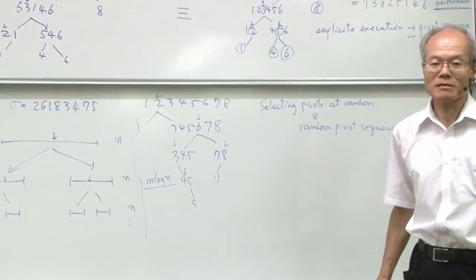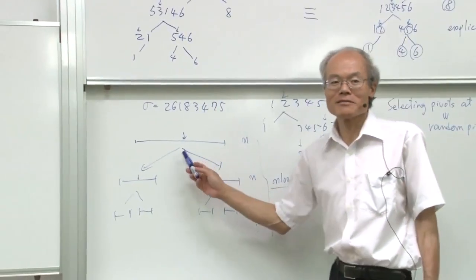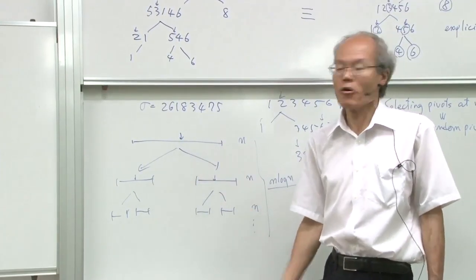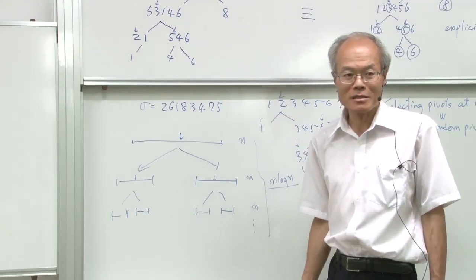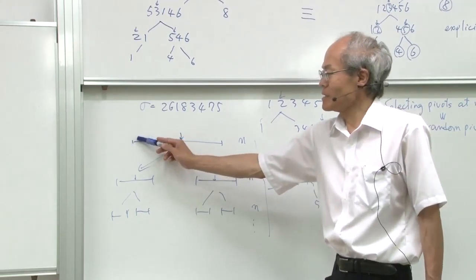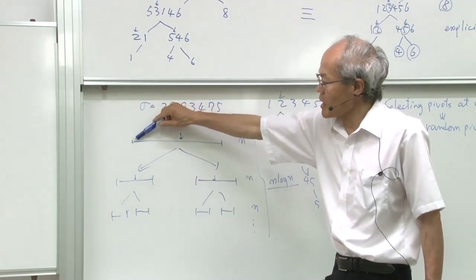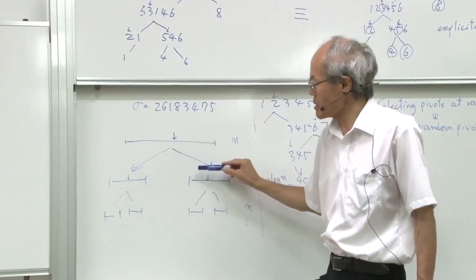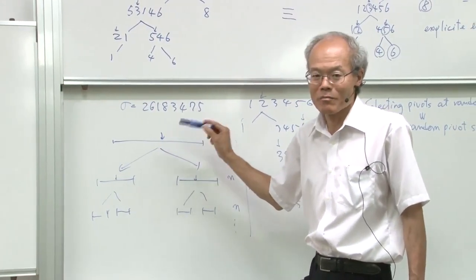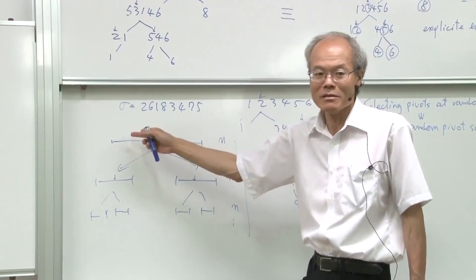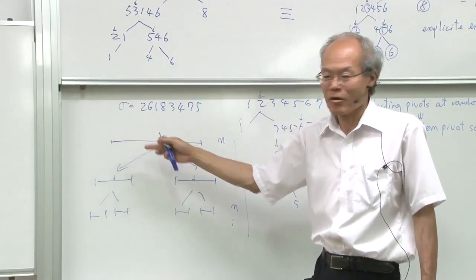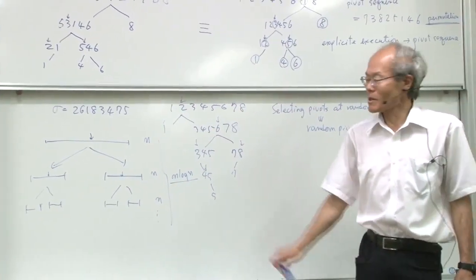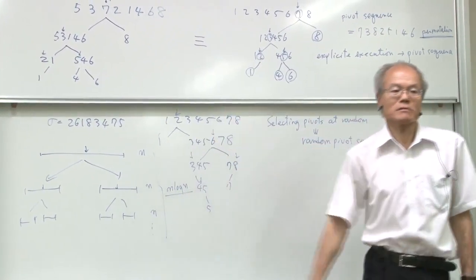But wait. This is a good case. Right? Because all the pivots are chosen almost in the middle. But maybe in the worst case, the pivot is selected here, and then one group is big, the other group is very small. Again, the pivot is not the middle, but near the end. Then the depth is n. Then the number of comparisons is not n log n, but n squared.